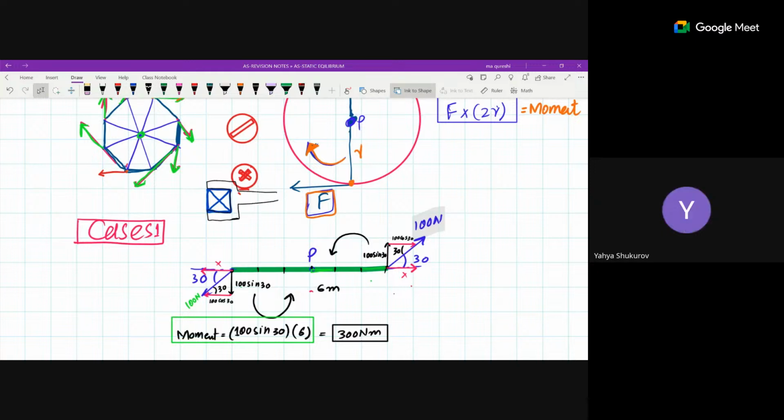So the spanner is applying the force on these two edges and these two edges. So this will be one moment, this will be the other, this will be one moment, this will be the other.